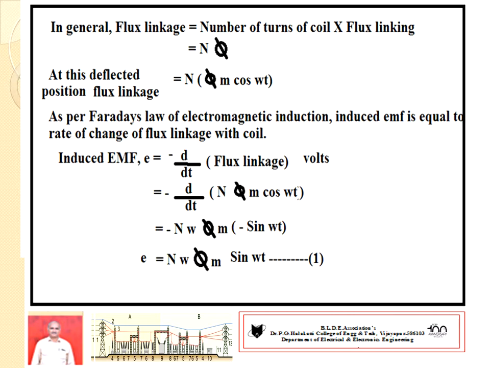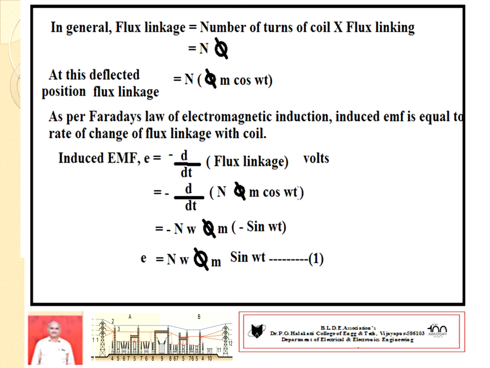A negative sign is taken with the help of Lenz's law: the induced EMF directly opposes the applied voltage. Hence, this induced EMF equals minus dφ/dt. Hence, d/dt of Nφ, where flux linkage is Nφm cos ωt.